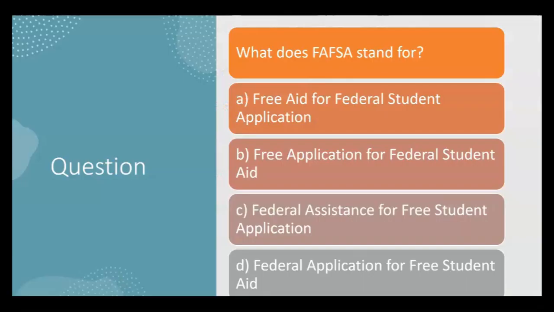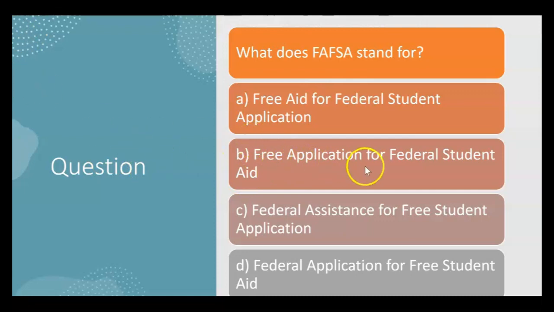All right, what does FAFSA stand for? Letter A, free aid for federal student application. No, because FAFSA is more than just free aid. It's more than just free money. It's not just grants. It's also work-study programs and loans. So what does FAFSA stand for? It's not A. B, free application for federal student aid. Yes. FAFSA is a free application. There's no cost to submit it.